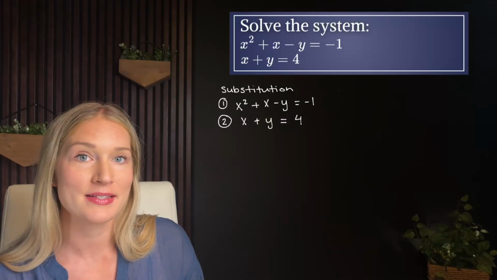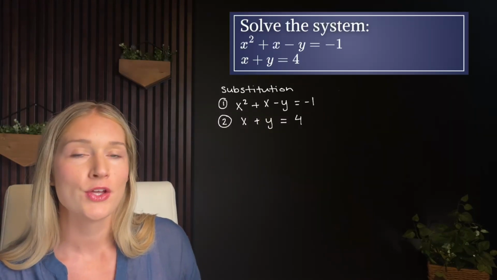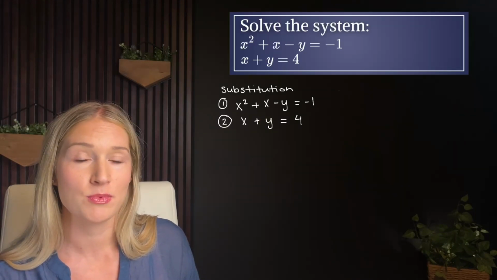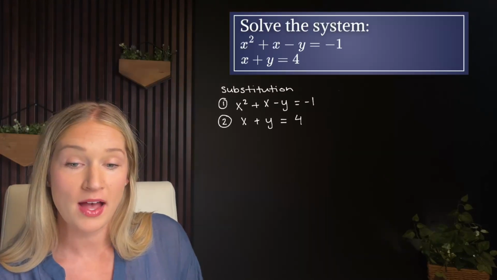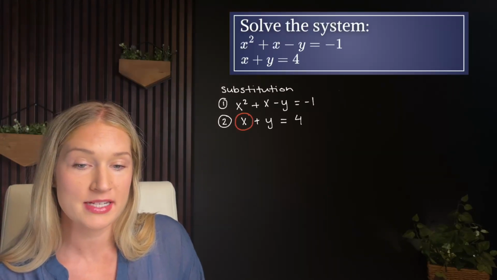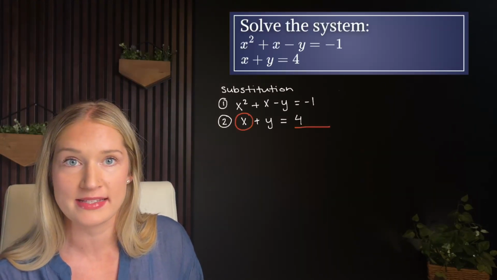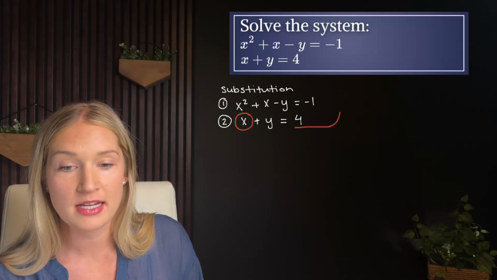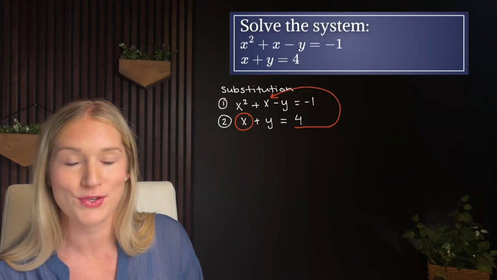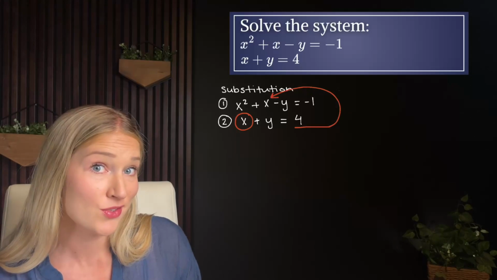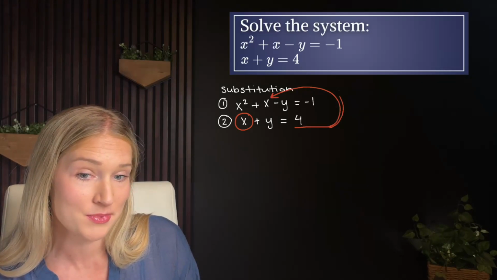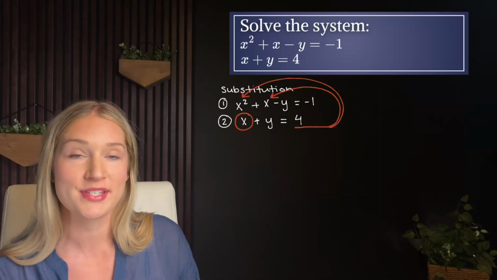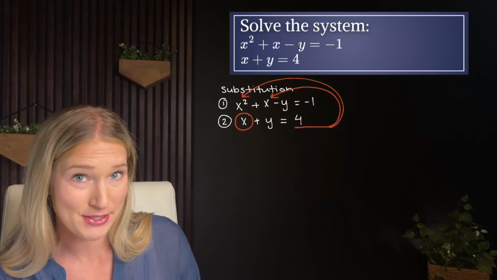But keep in mind that once you solve, you're going to then replace that variable in the other equation. So if I solve for x, I'm then going to take whatever I have on this right-hand side and substitute it in for x in the other equation. But the annoying thing is there's actually two x's, so I would need to substitute it in two separate places. I don't really want to do that.